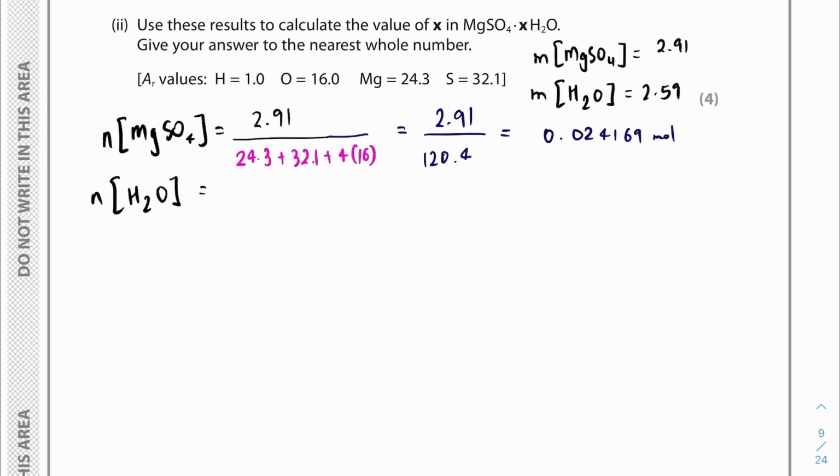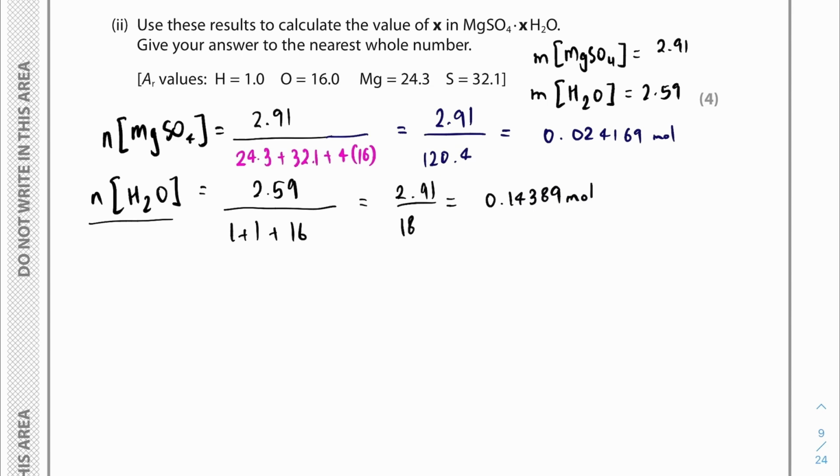Now let's look at the moles of the water. So we have 2.59 of water that's lost, and the Mr is 1 plus 1 plus oxygen, so 18. This gives us 0.14389 moles.